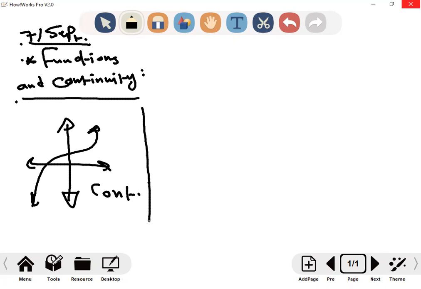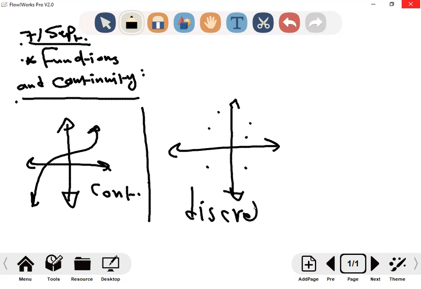Discrete means no curve. It is discrete, in Arabic متقطع. Dots. So the other type is the discrete one, x y. Discrete, not curve. Now, this C is silent, don't pronounce it, okay?